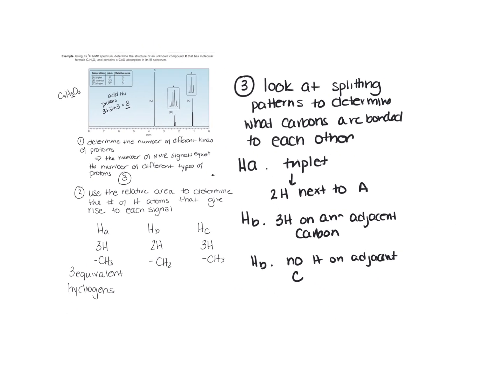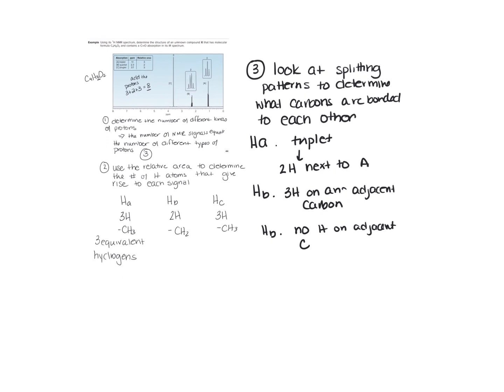Okay, so when we combine the information that we have here with A and B, and then we look here at A and B, where A is a CH3 group, we think, and B is a CH2 group, and then we come over here and we say, hey, look, this thing could fit the pattern that it's a CH3 group and then a CH2, where this is A, and then it also fits the pattern here where B would be next to a carbon with 3 hydrogens, and the integration says there's 2 hydrogens on that.